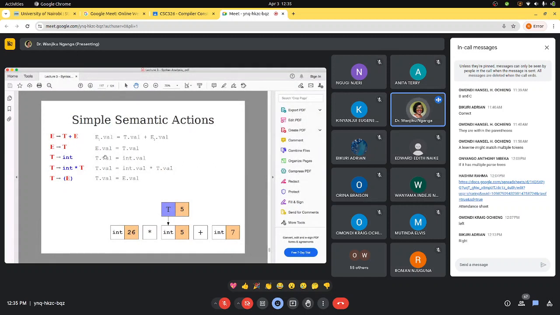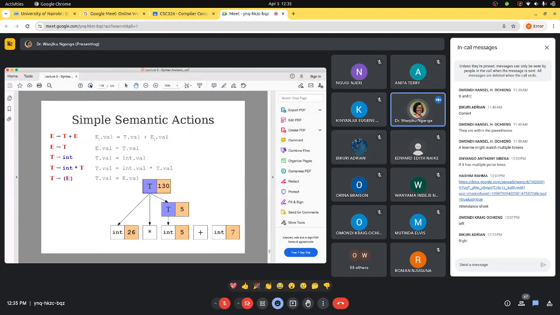So the semantic action called is that the value of T is the value of the int. The value is copied, and now we know the value of T is actually 5 as well.